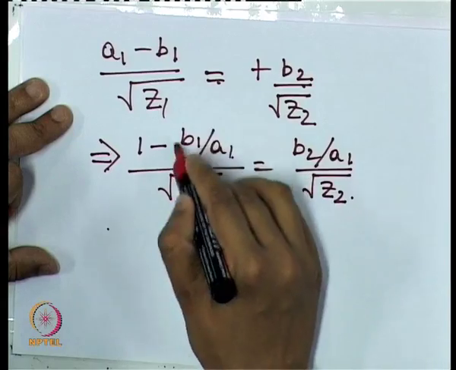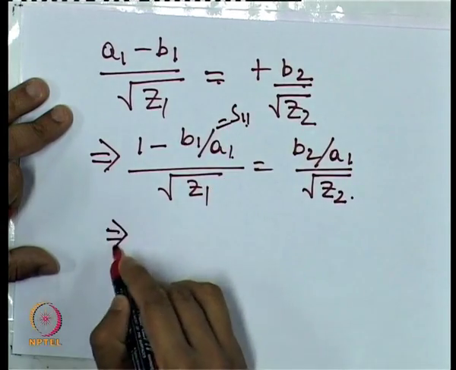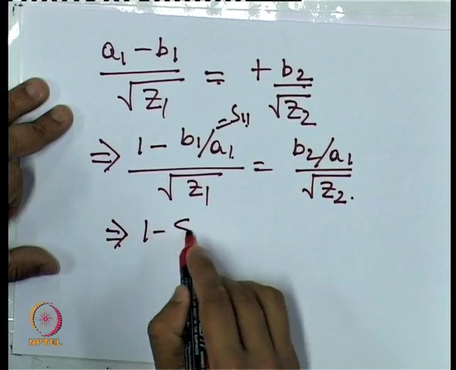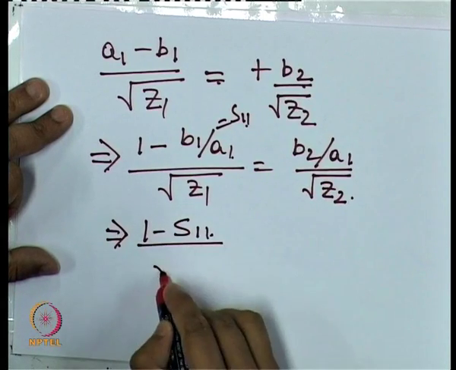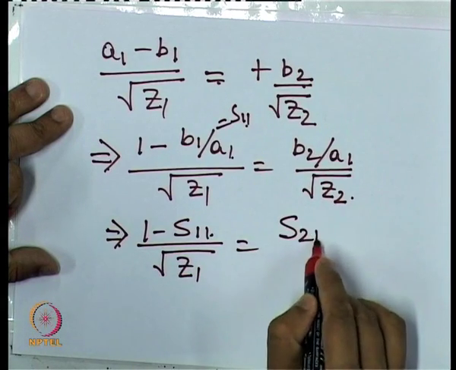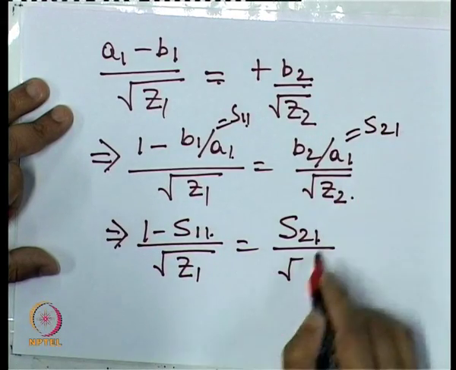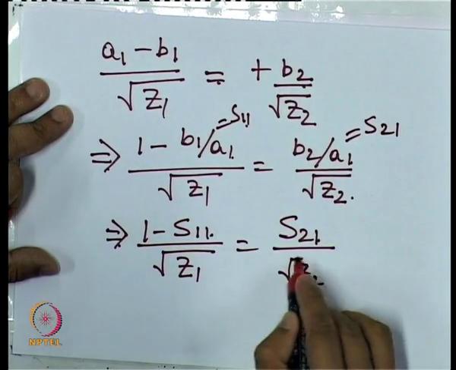We know that B1 upon A1 is equal to S11. So, this implies that (1 minus S11) upon square root of Z1 is equal to S21 upon square root of Z2.